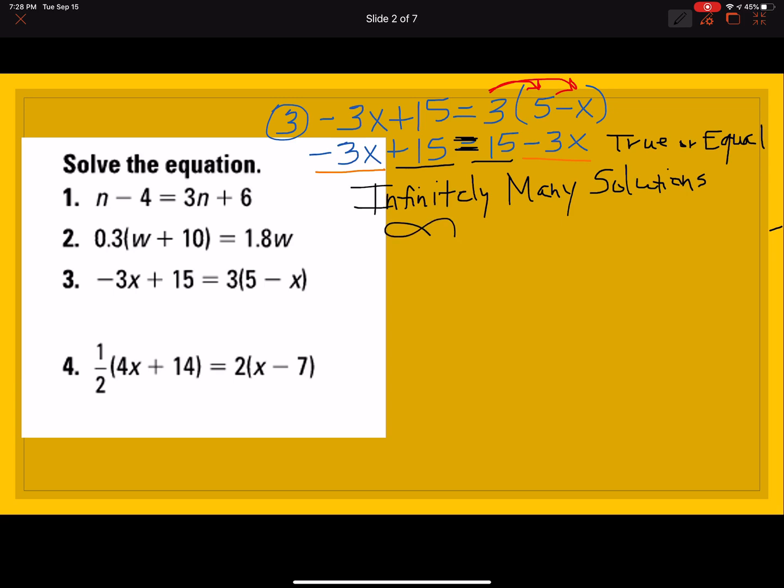And you can also see the infinity sign with that type of answer as well. That tells us that any value that we replace x with is going to end up being a true or equal statement in our equation.